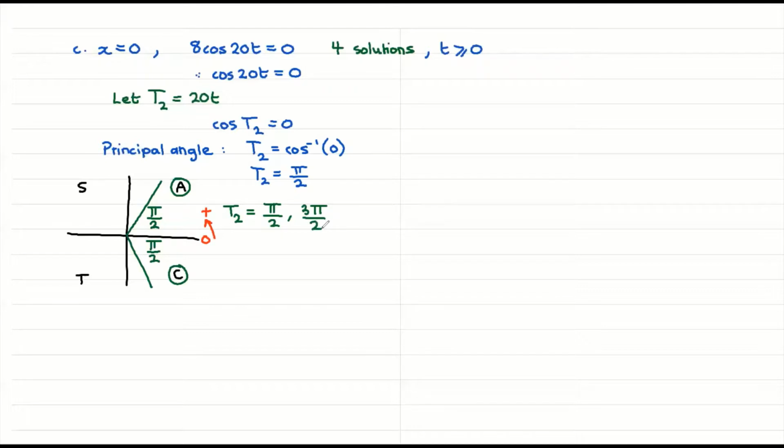Now, we need 4 solutions for this. So I can't just stop there. So then we have 2 pi plus pi over 2. So that's going to be 5 pi over 2 for the next one. Going round again. And then we have 4 pi subtract pi over 2. So that's going to be 7 pi over 2.